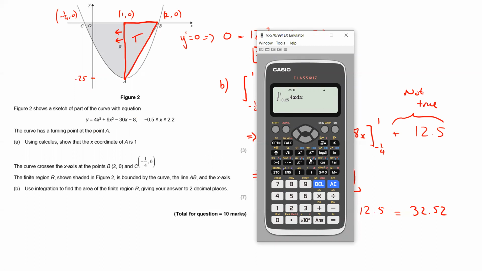So 4x cubed plus 9x squared minus 30x minus 8. And then once I work that out, I also want to take away 12.5, and then I'll make it positive. That gives me this thing, which is 32.52, and then making it positive. And that is, of course, square units.